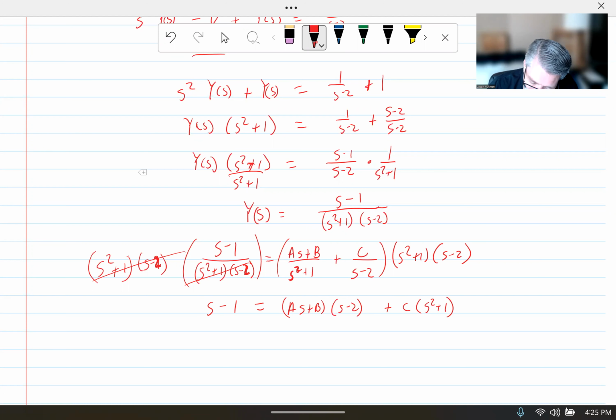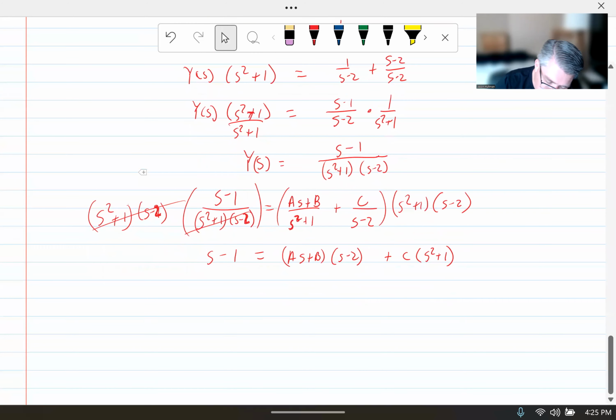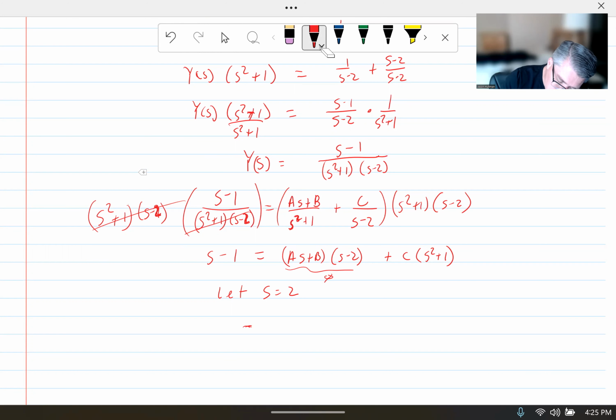Okay, so I can zero out As plus B if I let s equal 2. Then I can get this whole thing to be 0. And so I would get 2 minus 1, which is just 1, right? So 2 minus 1 on one side is equal to 0 plus 2 squared plus 1, that's 5. So that's going to be C times 2 squared plus 1.